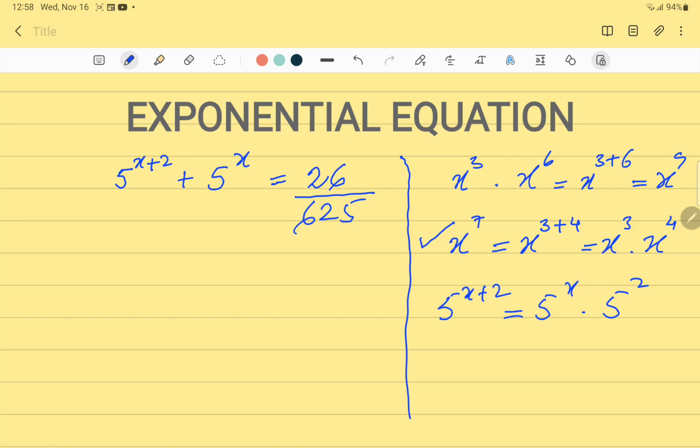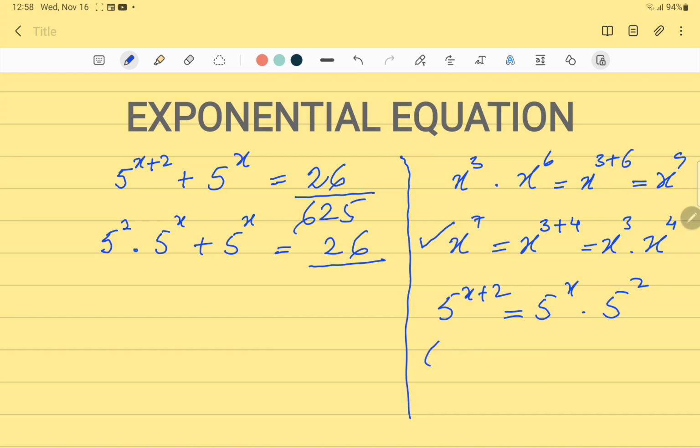Now we move on to the solution of our equation. So we will write 5 raised to the power x plus 2 as 5 raised to the power 2 into 5 raised to the power x, plus 5 raised to the power x is equal to 26 divided by, now this 625 we can also write as a multiple of 5.